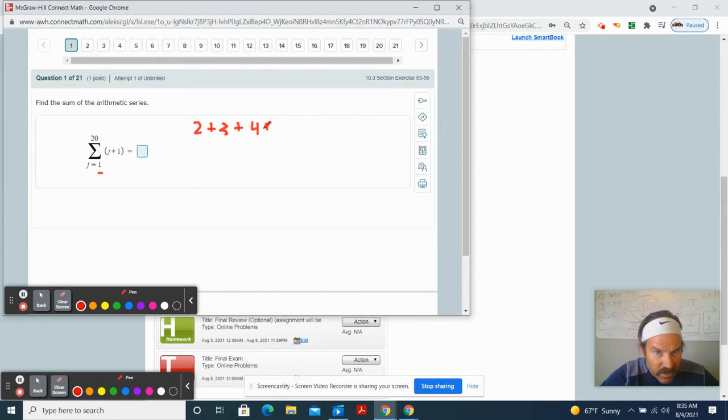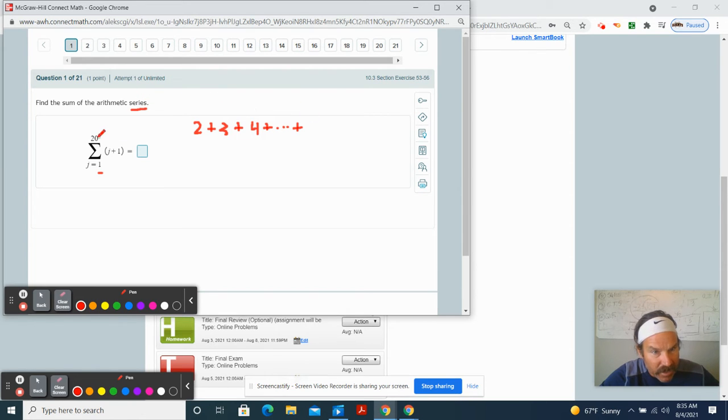So basically this is, I'll put that dot, dot, dot because you can see the pattern. Instead of arithmetic sequence, it's called an arithmetic series because we're adding all of them up when you have a series of numbers.